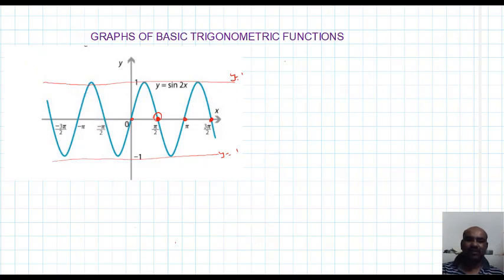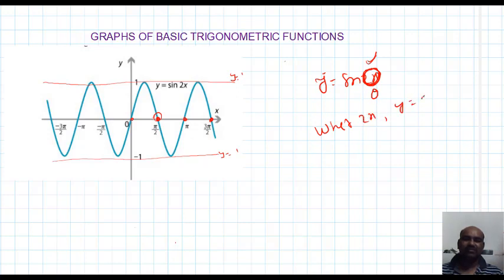But the important thing here, for y equal to sin 2x, is where this graph intersects the x axis. Indirectly, taking 2x as theta, for what values of theta is y equal to 0?